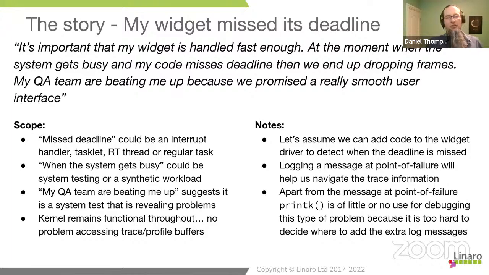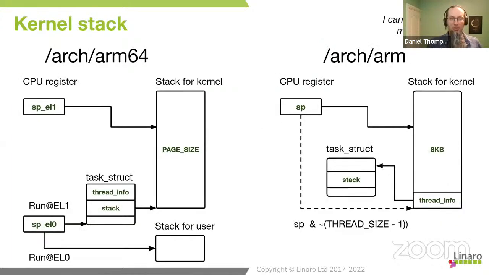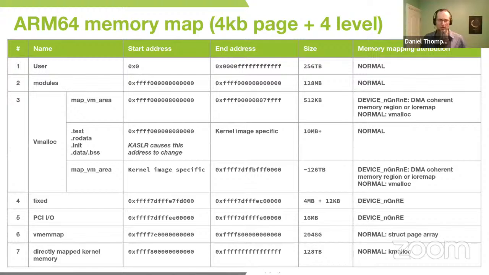32-bit systems have some difficult challenges when it comes to memory map, because there's a large amount of trade-off between how big this direct map kernel memory area is and how big the vmalloc is, because they're starved for address space. Then there's quite a lot of trade-off to be had about how much you map directly, how much you reserve for vmalloc, because quite often you can't map all of memory on a 32-bit system.